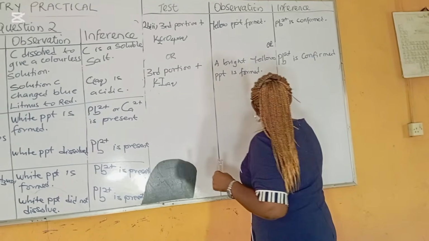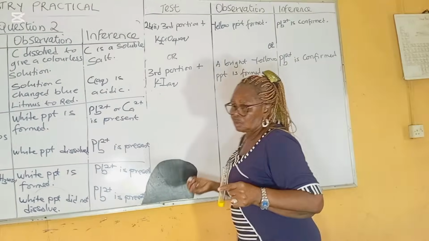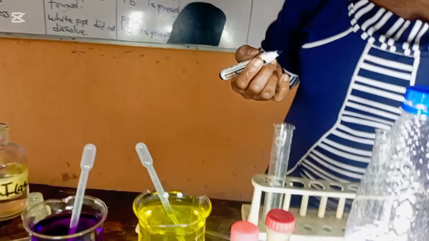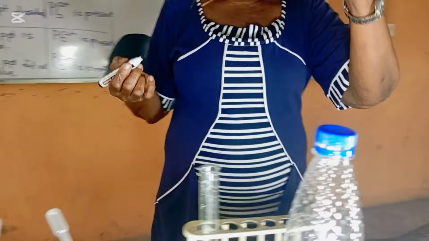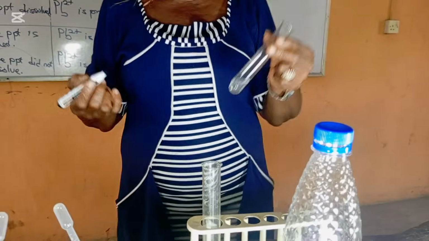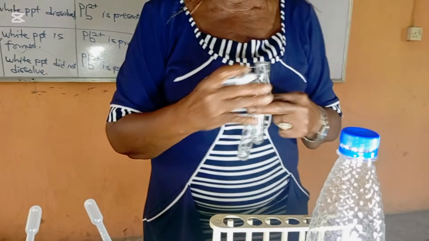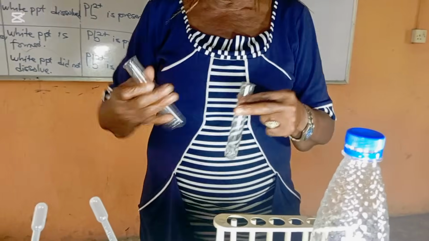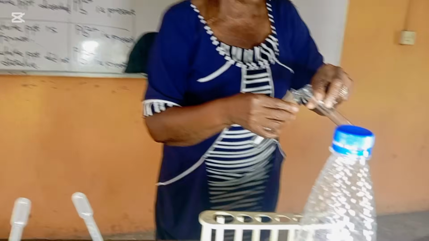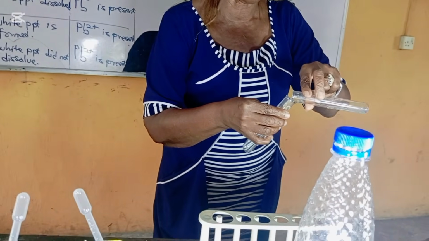Then the last confirmatory test, whichever one you want to ask, to be on the safe side. This time I'm using this as it is. Though it's much, I can still reduce it. It's better to use a little quantity than a large quantity so that you'll be able to get results.